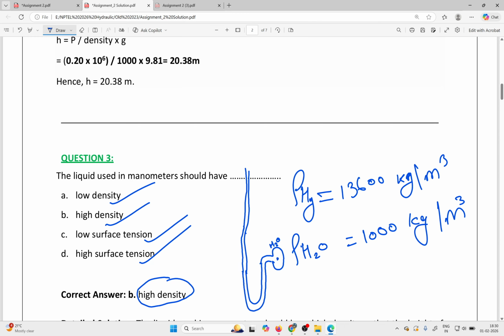So if you have high density, let us suppose the height increases only up to here if you are using mercury, because it is 13 times more. If you use water, it may be here or more than that. So this is not feasible or practical. That's why we use high density.